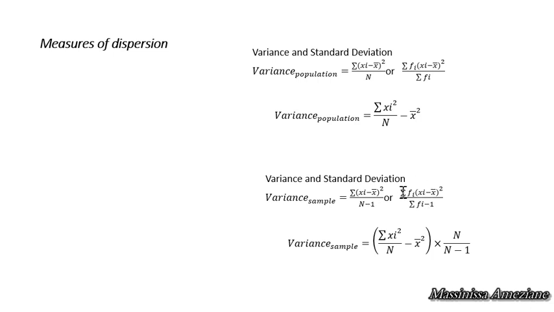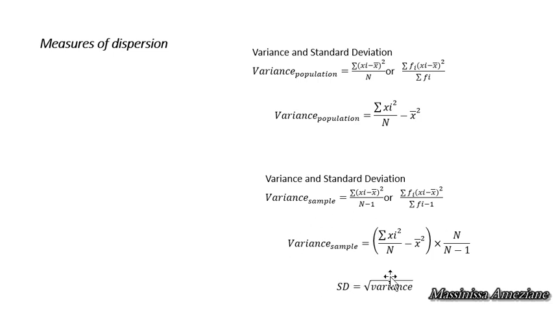If we have frequencies, we multiply this distance by the frequency, divided by the sum of frequencies minus 1. For the second formula, you just multiply the variance of the population by the correction factor, which is n divided by n minus 1.